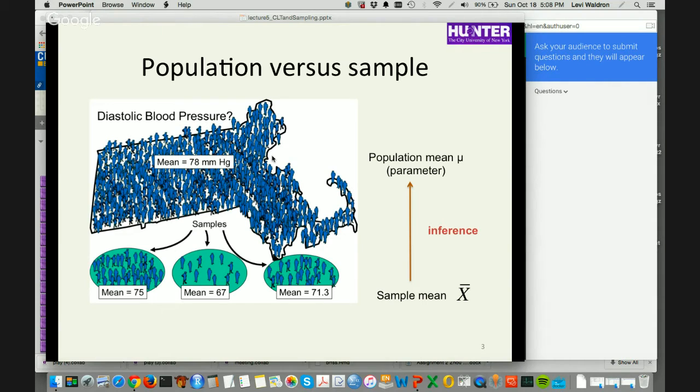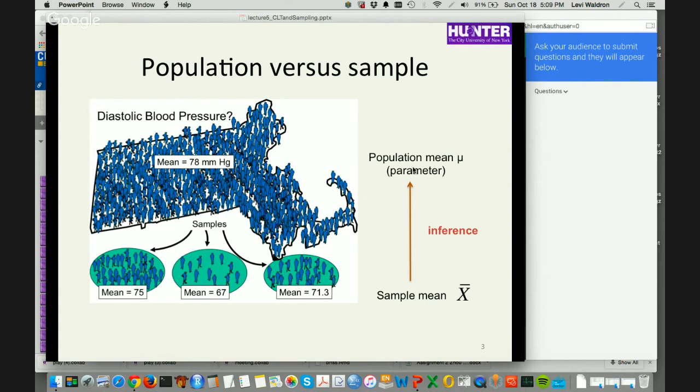So once again, the population versus sample, which I've mentioned before. The population is everyone we're interested in a study, but typically we are not able to observe an entire population unless it is a census, and so we observe samples. Samples are chosen to be representative of the population, but they're an incomplete amount of information, and so we will have to make inference based on a limited sample of the population.